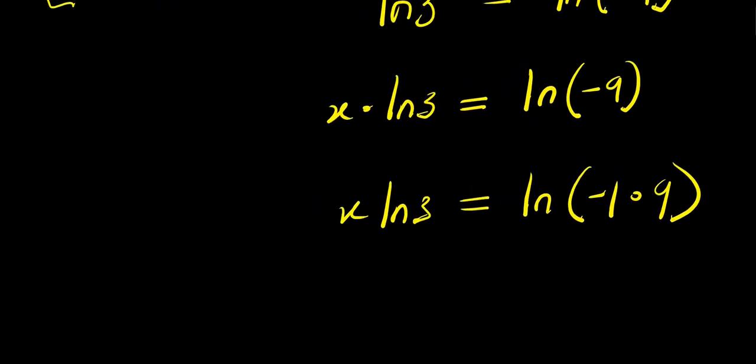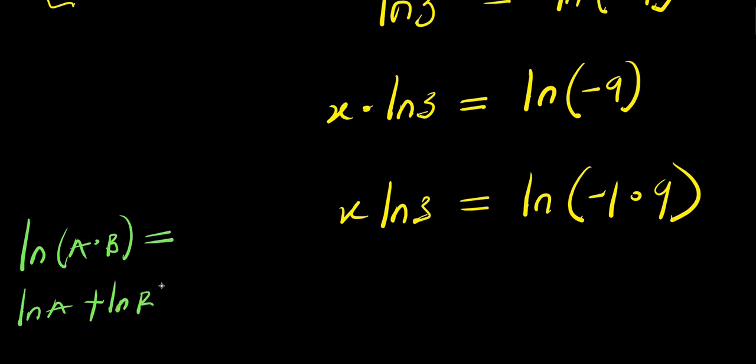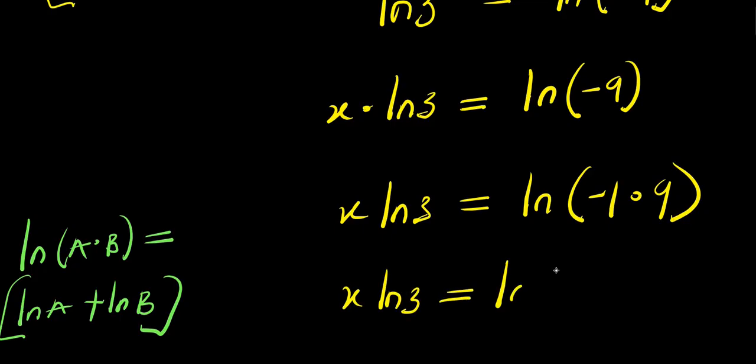And from here, you have natural log a times b equals natural log a plus natural log b. So what we simply have is x times natural log 3 equals natural log negative 1 plus natural log 9.